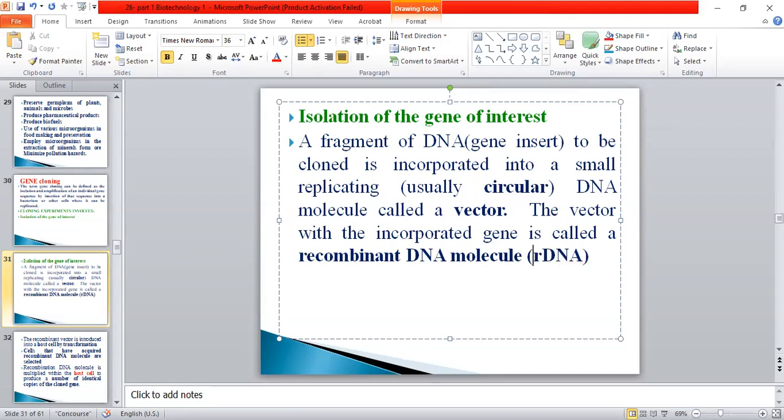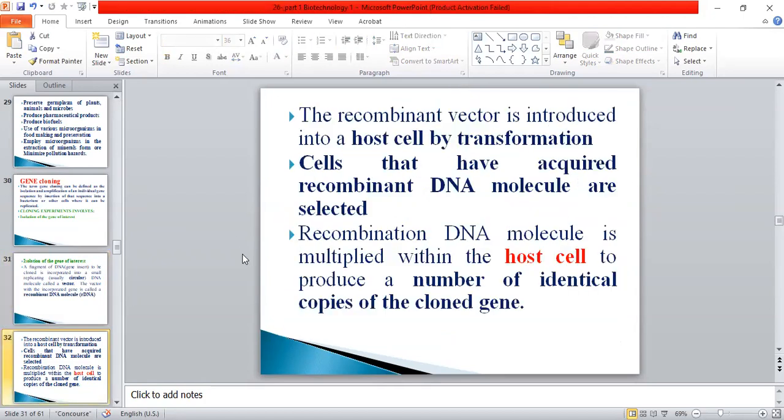Sometimes they may ask the question about the expansion. After getting the recombinant DNA molecule isolated, what do we have to do? The recombinant vector is introduced into the host cell by transformation. Transformation is the transfer of a gene from one organism into another. Here, the vector is introduced into the host cells.